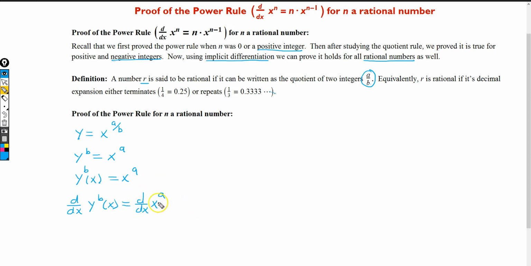On the right side, a is an integer, and we already proved the power rule for an integer, so this side is going to be a times x to the a minus 1. On the left side, we need to use the chain rule.